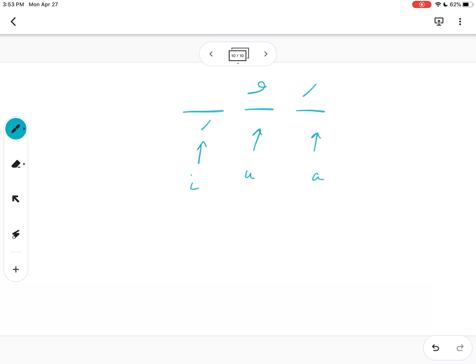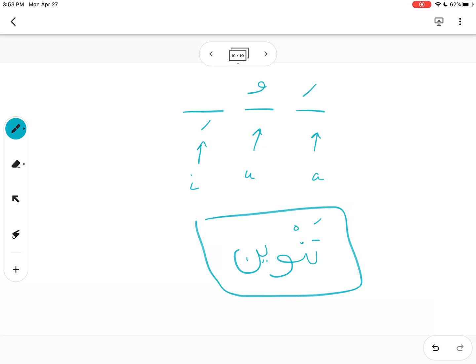What we are going to talk about today is something called Tanween. And Tanween is when you double the haraka. So instead of having one fatha, you have two. Instead of one dhamma, two. Instead of one kasra, two kasras. And the meaning of the word tanween comes from the name of the letter noon.